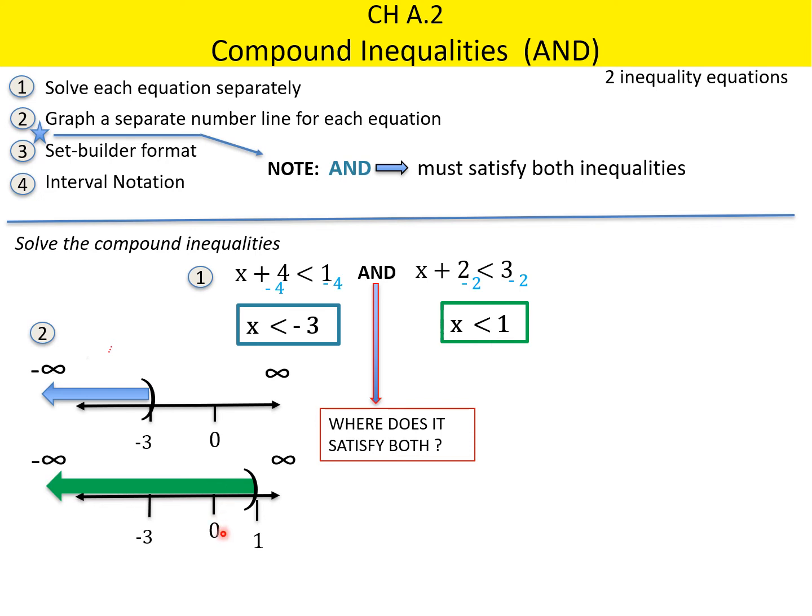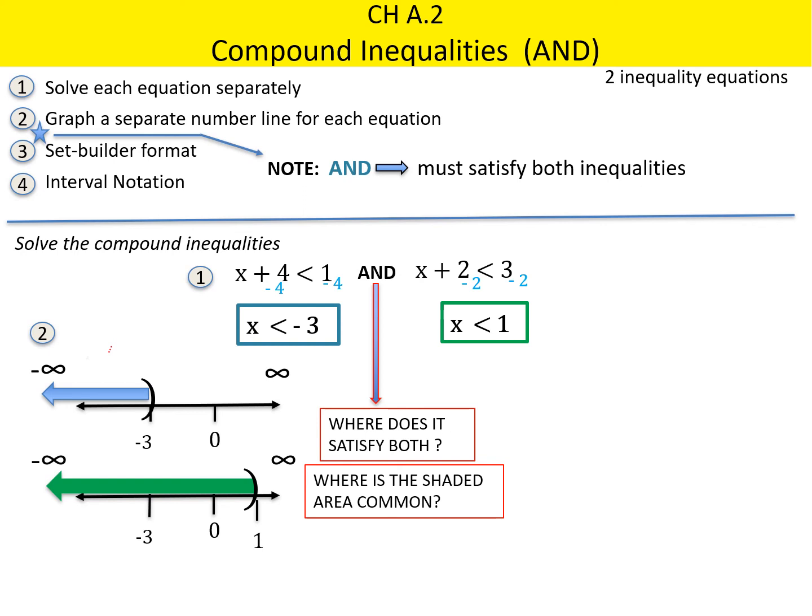What about 0? Well, it's on the second equation as a solution, but not on the first, so it doesn't satisfy both, so that's not possible as an answer. Let's go over here all the way on the left, maybe negative 4, negative 5. That would satisfy both of these equations, and that would be a good answer.